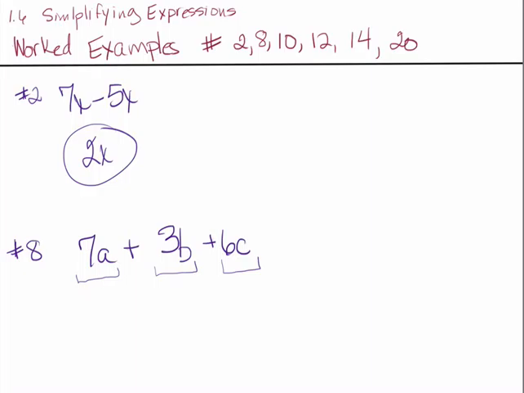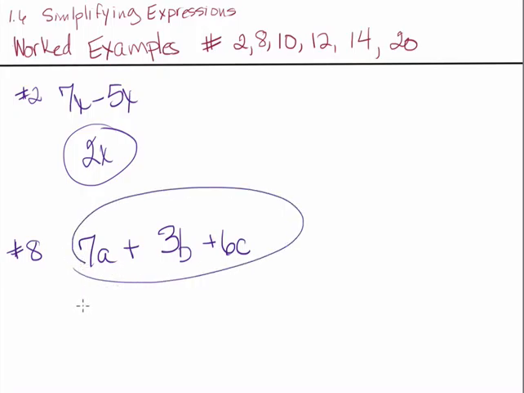But they're all different kinds of things. It's like saying I have 7 apples, 3 bananas, and 6 coconuts. Sure, I can throw them all into a big pile, but that's not going to change the kind of fruit that I have. I'll still have 7 apples, 3 bananas, and 6 coconuts. I can either rewrite this problem, circle it as my final answer, or say, already simplified.